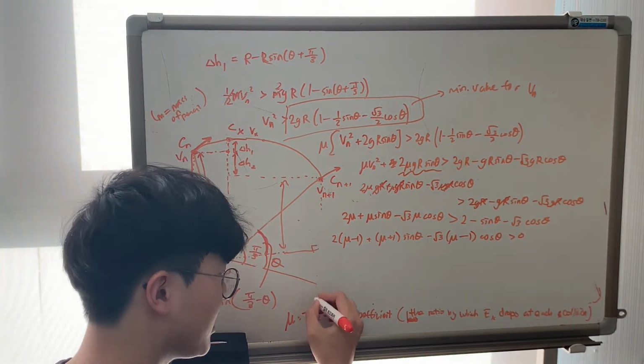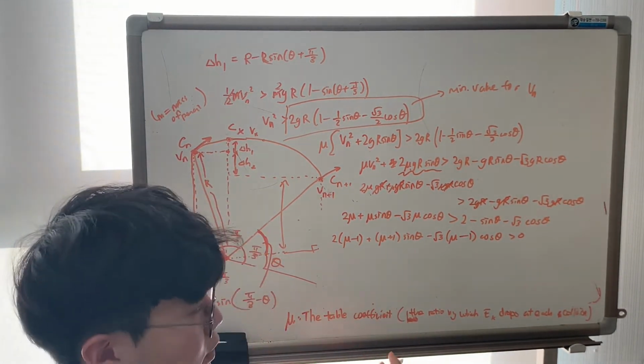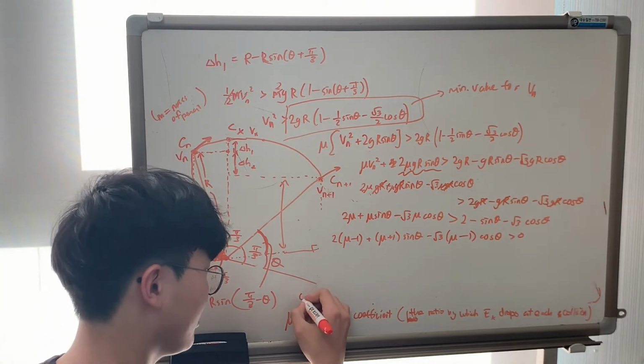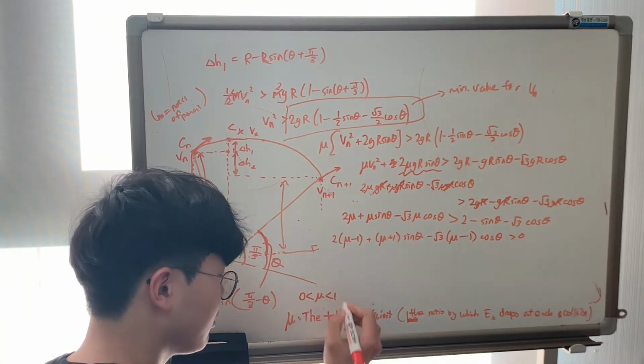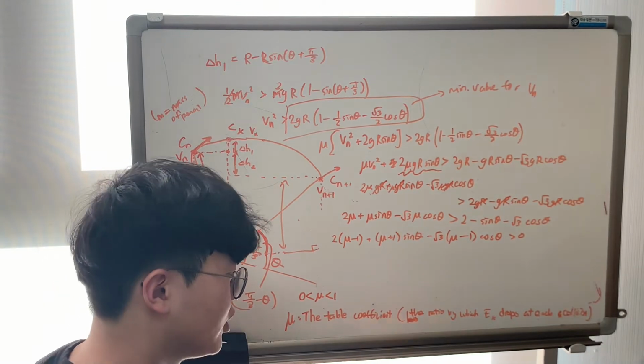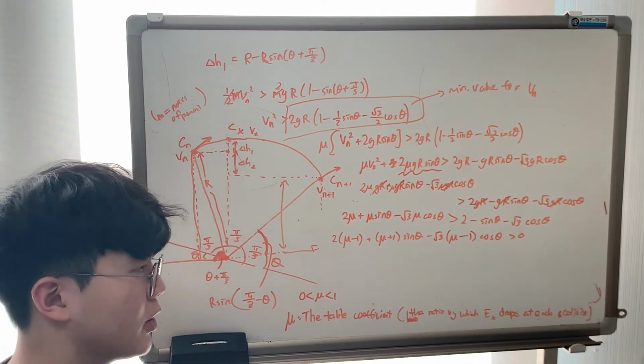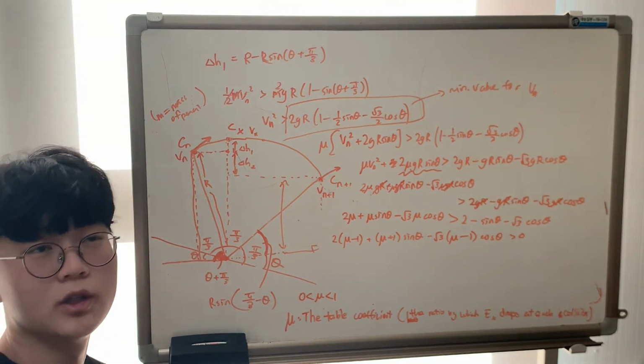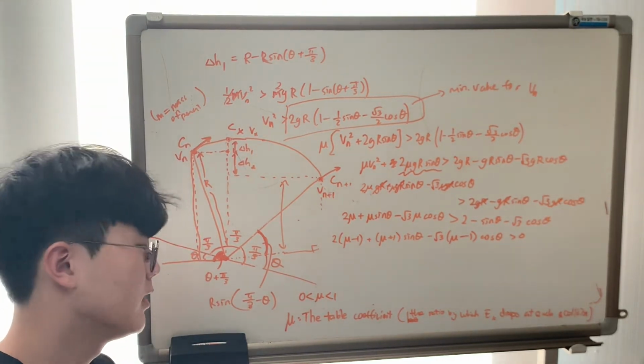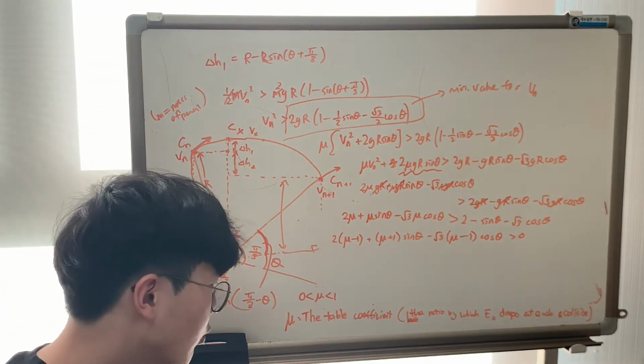And we also know that mu, the table coefficient, is a value between 1 and 0, because it's a ratio of how much kinetic energy drops at each collision. It's going to be something like 0.5 or 0.6 or 0.8, 0.9, and so it's always between 0 and 1.